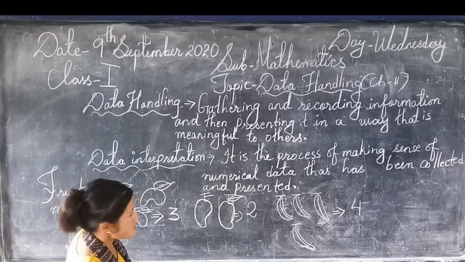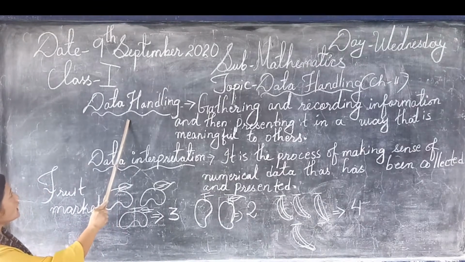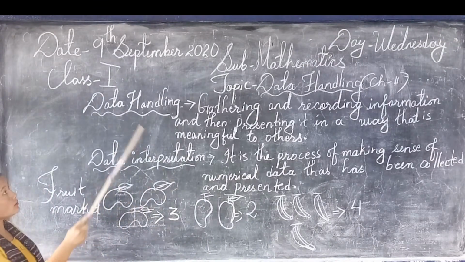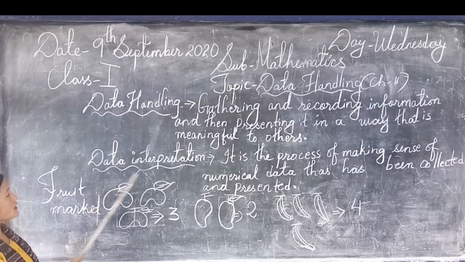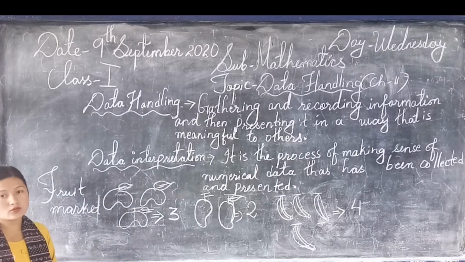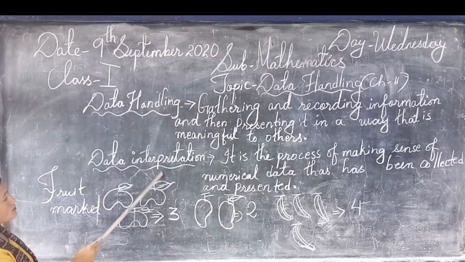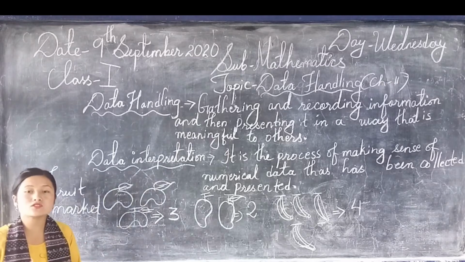Okay, so first of all I am going to make you understand what is data handling and what is data interpretation. First of all I want you to write this definition in your maths copy.